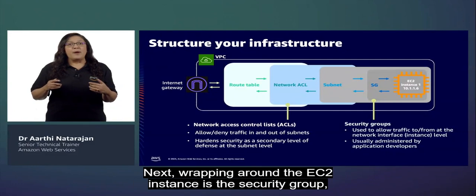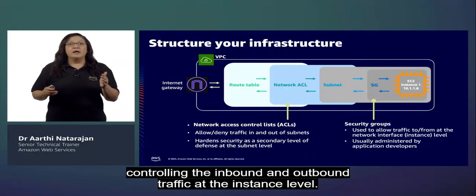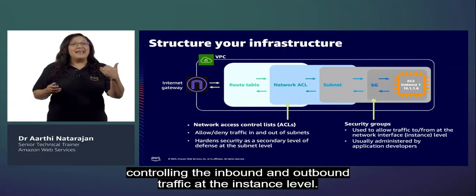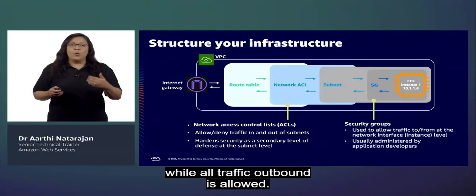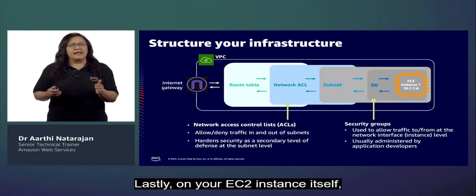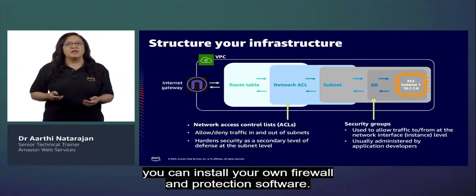Next, wrapping around the EC2 instance is the security group, which acts as a stateful packet filter or firewall controlling the inbound and outbound traffic at the instance level. By default, all traffic inbound is blocked while all traffic outbound is allowed. Lastly, on your EC2 instance itself, you can install your own firewall and protection software.